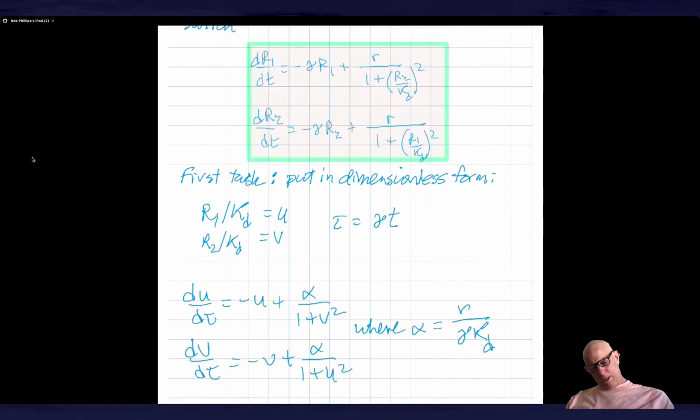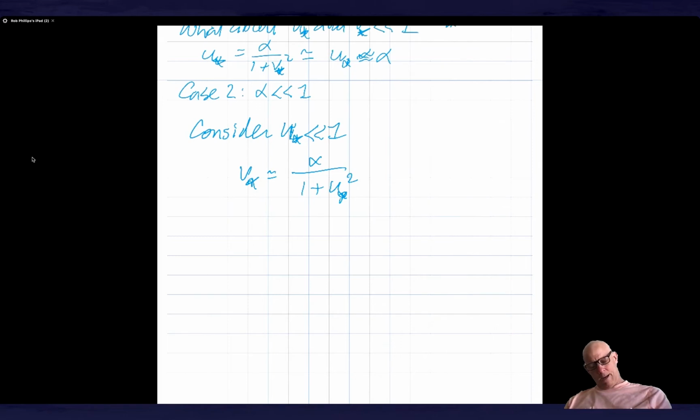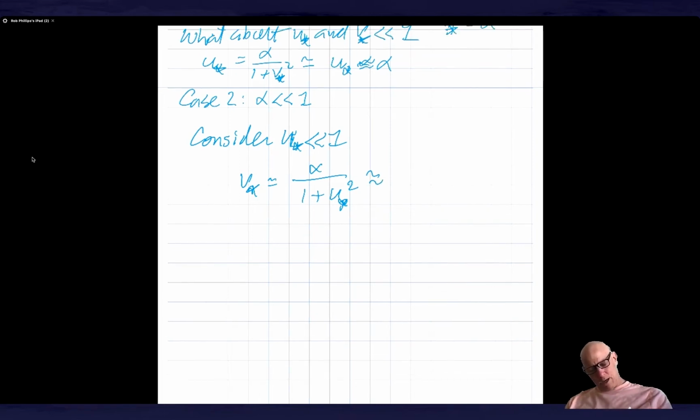So let me look at the case where I'll consider u star much, much less than 1. So I have that v star is equal to alpha over 1 plus u star squared, and because u star is by assumption much, much less than 1, this gives us v star approximately equal to alpha.